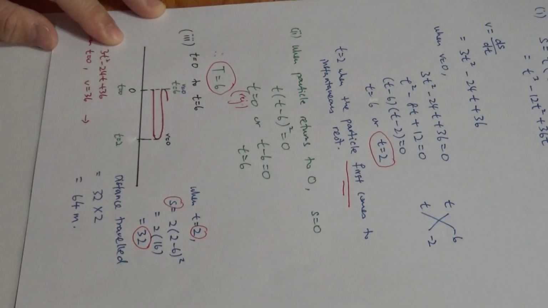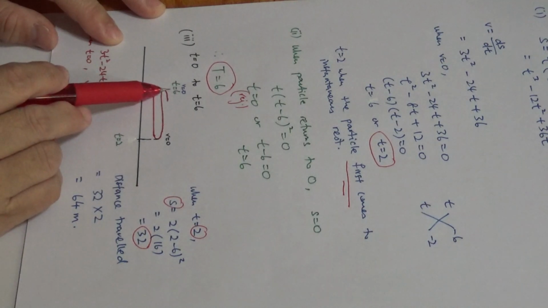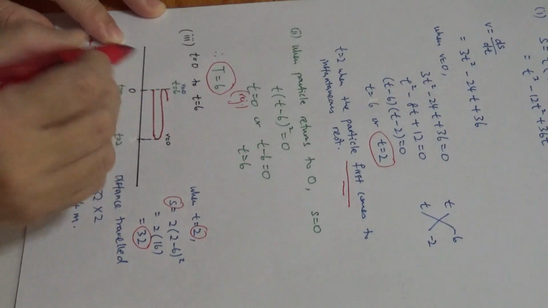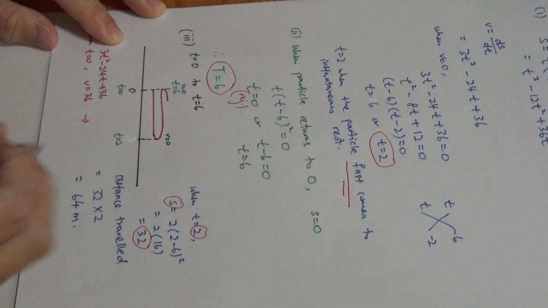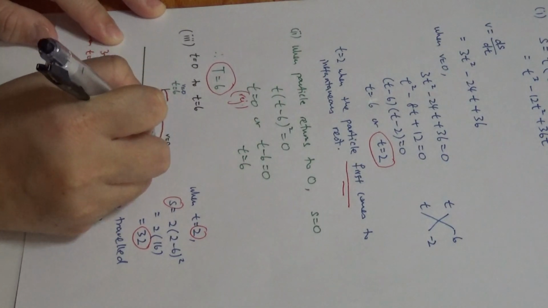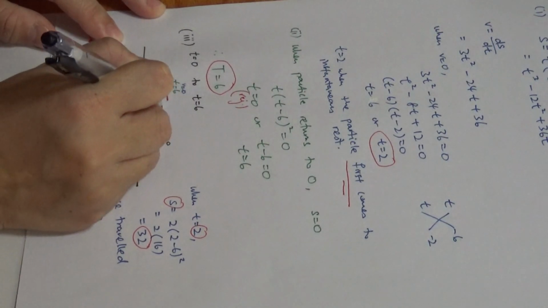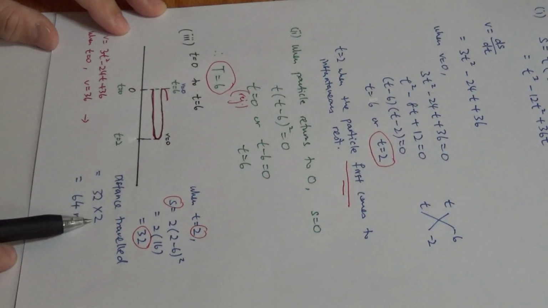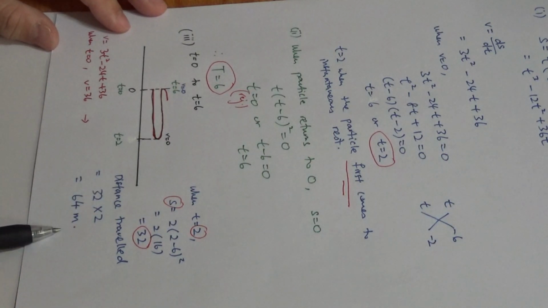But take note that after t=6 it is going to move in this direction again. So the distance traveled from t=0 to t=6 is from here to here. That's why we take 32 times 2, which gives you 64 meters.